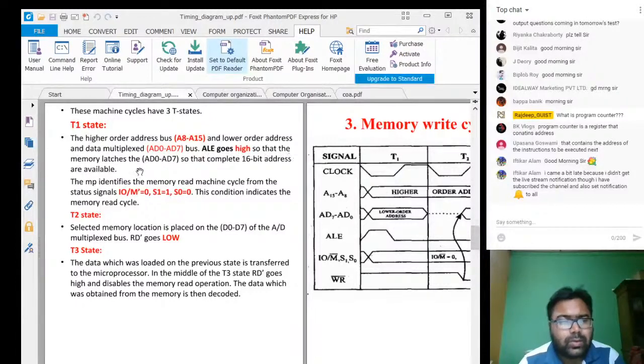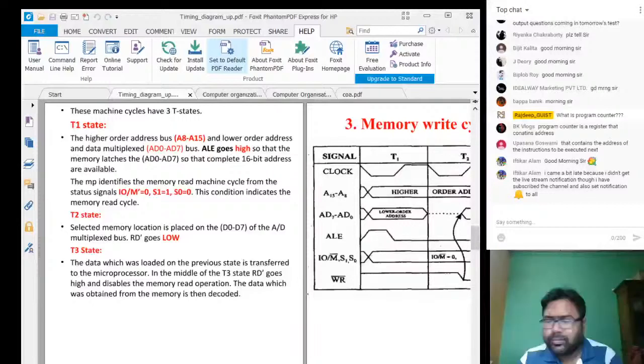ALE goes high so that the memory latches the A0 to A7, so that the complete 16-bit address is available. The microprocessor identifies the memory read machine cycle from the status signals IO/M complement, S1 equal to 1 and S0 equal to 0. This condition indicates the memory read cycle.